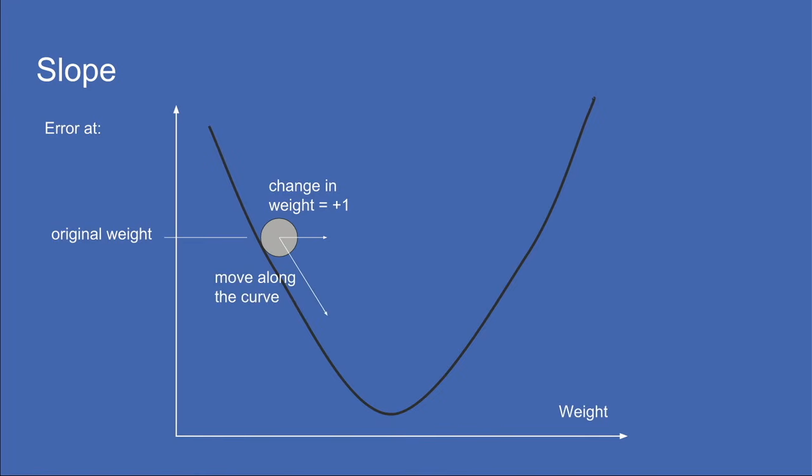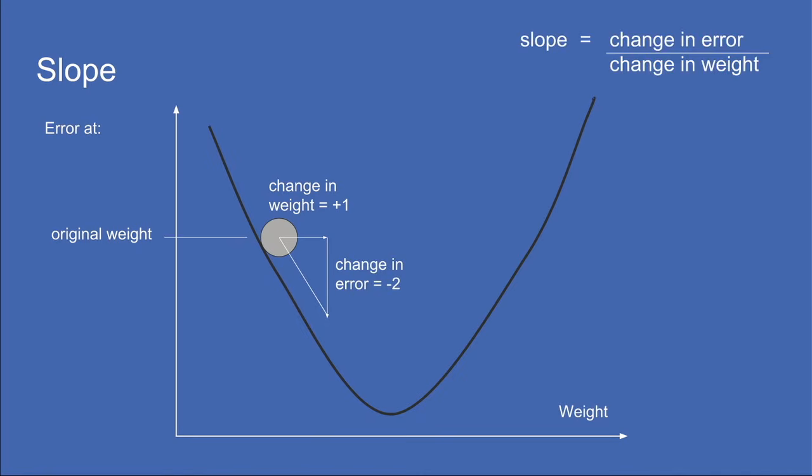So slope, in this case, it's change in error for a given change in weight. That's the slope here. So there's lots of ways to write that, but delta error, delta weight, d error, d weight, we'll use this partial error, partial weight, just because it's most correct. But all these things mean the same thing. If I change the weight by 1, how much will the error change?